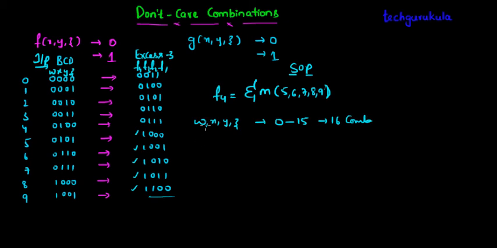But looking at BCD, we only have 0 to 9, which are 10 combinations. Now what about the rest of the combinations, say 10 to 15? By using 4 bits, the maximum BCD you represent is 9, and for 10 to 15 you don't have a combination.